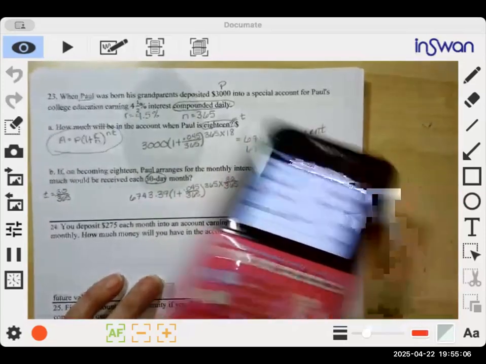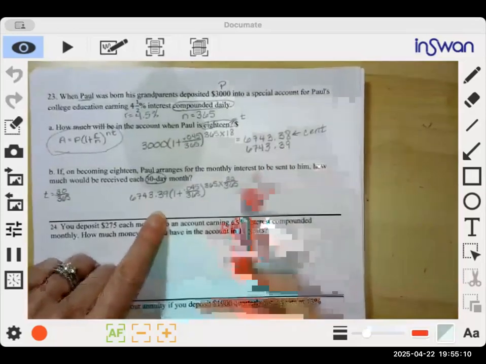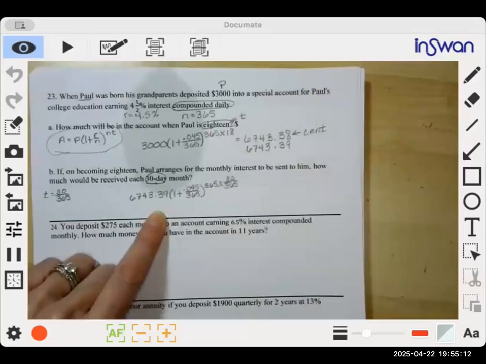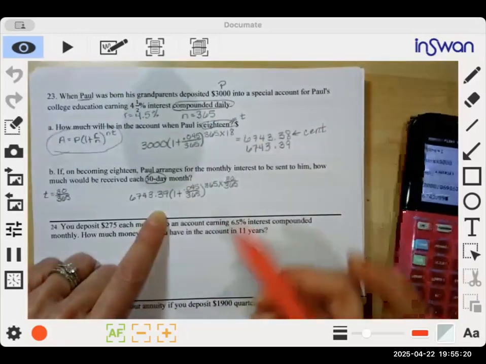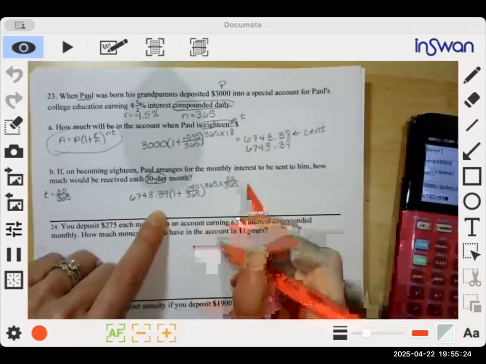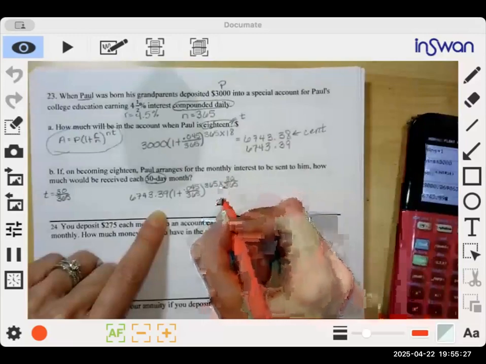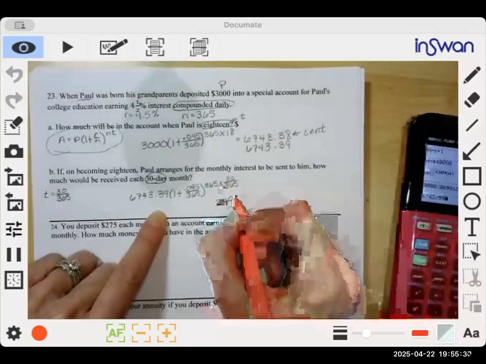I'm going to have a different answer on my paper because I used the .38. I really thought I had .38. Okay. 6743.39. Why don't you tell me what you got for the answer rather than waiting for me to type it all in? I got 24.99. And was there cents on it?